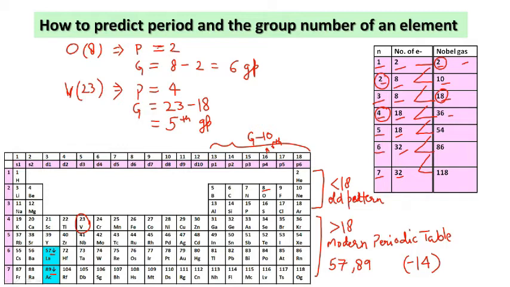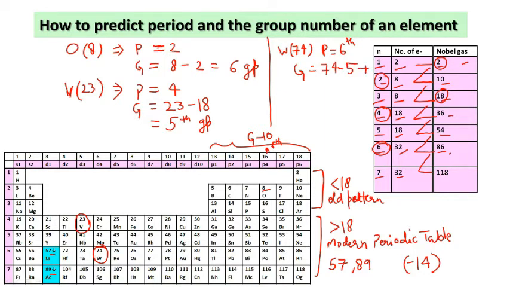Now we will take the example of tungsten, 74. For tungsten 74, this is more than 54 and less than 86, so it belongs to the sixth period. Now the group number is 74 minus the last noble gas configuration, which is 54.